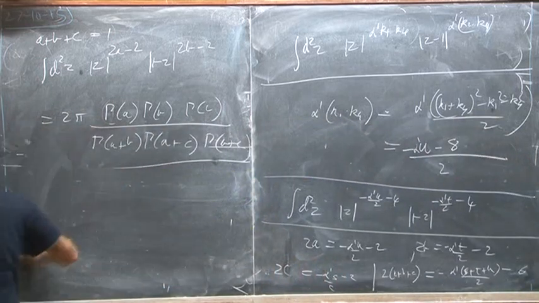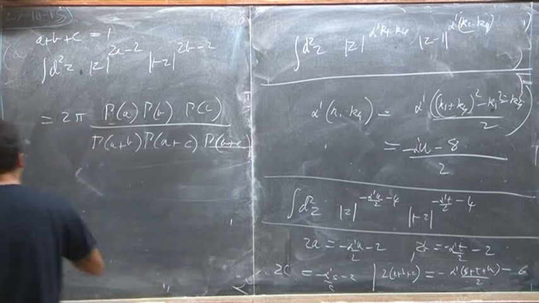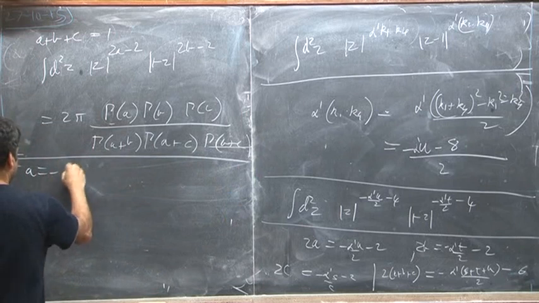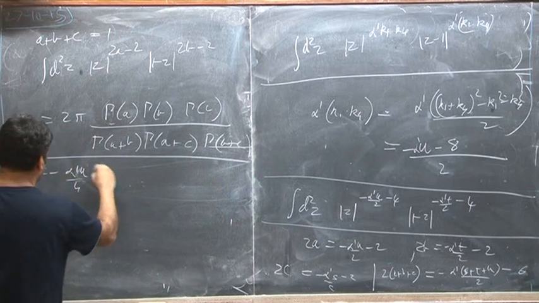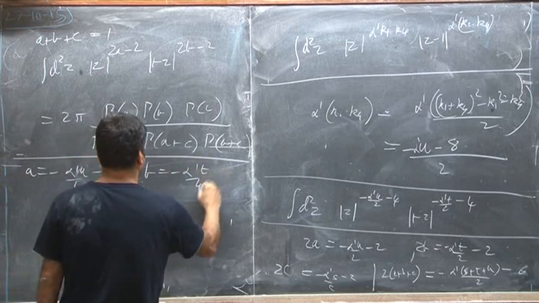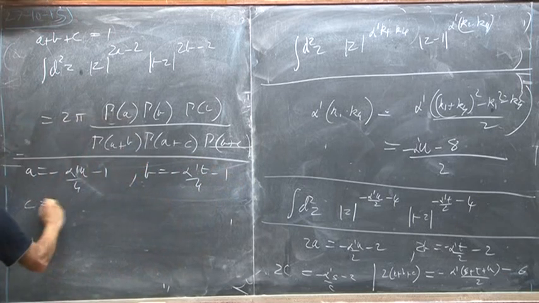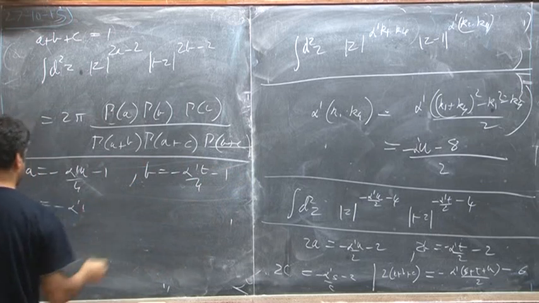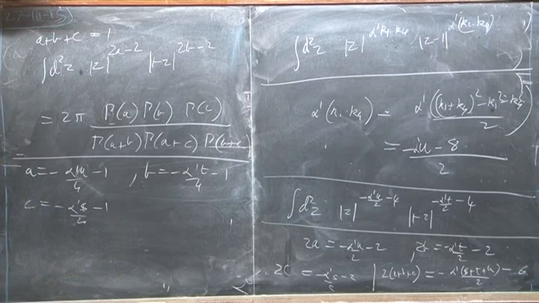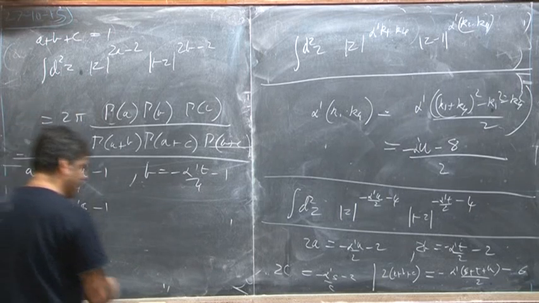So let's put the identification back on the board. A is equal to minus alpha prime u by 4 minus 1. B is equal to minus alpha prime t by 4 minus 1. C is equal to minus alpha prime s by 4 minus 1. And with this identification, let's write out the formula.